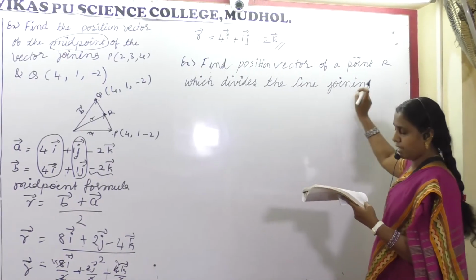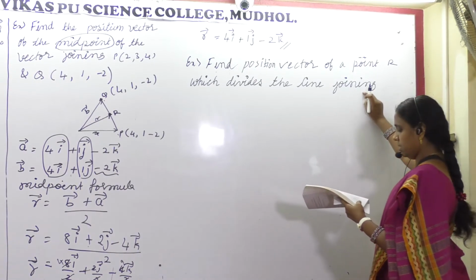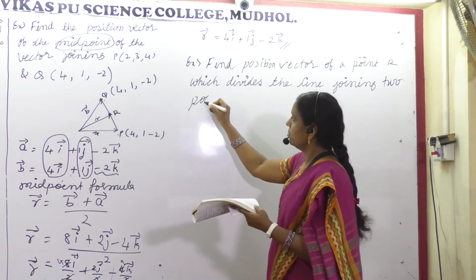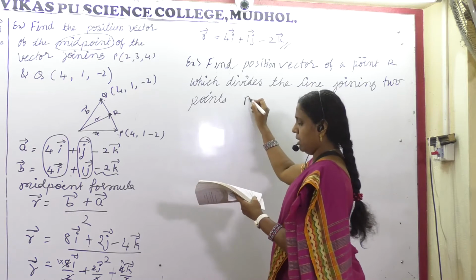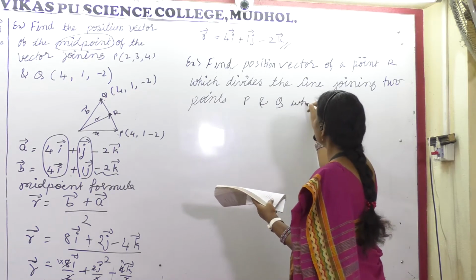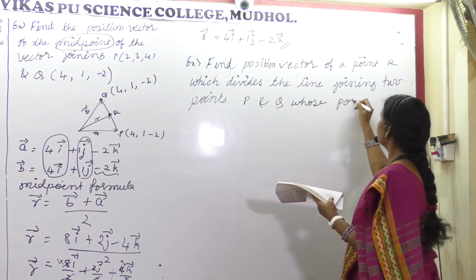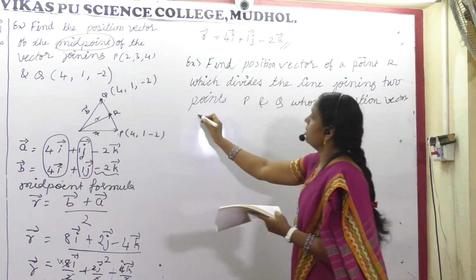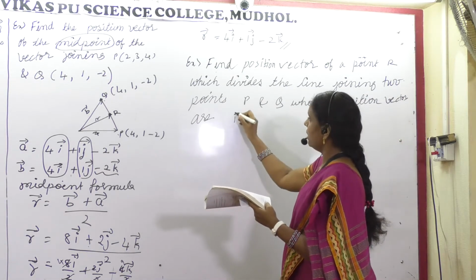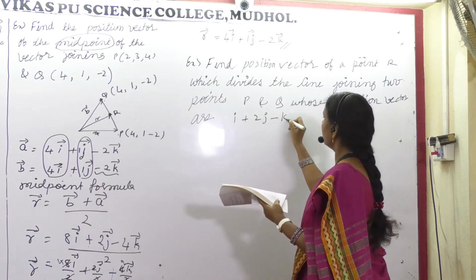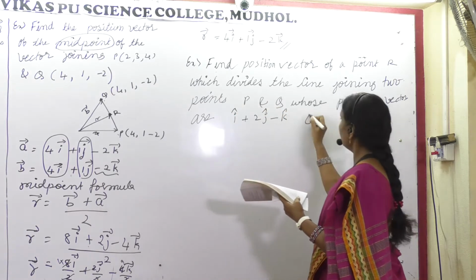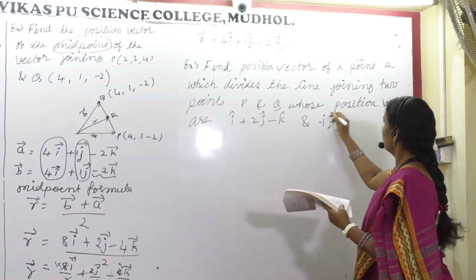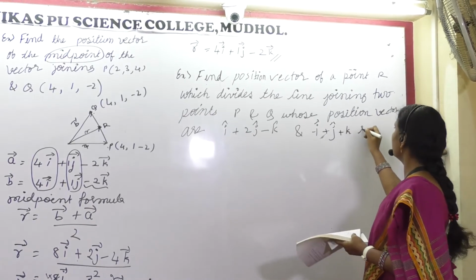So which divides the line joining two points P and Q whose position vectors are i 2j minus k and minus i plus j plus k respectively.